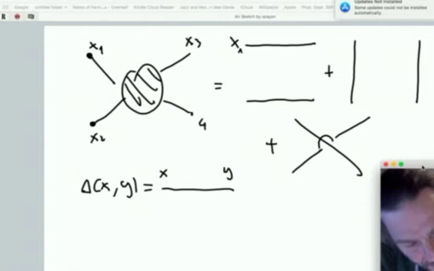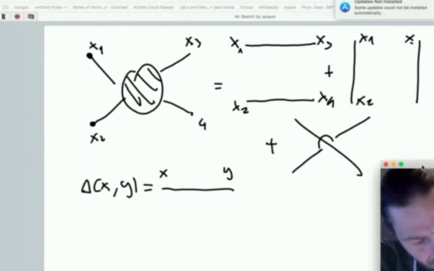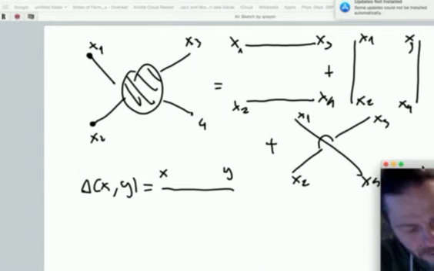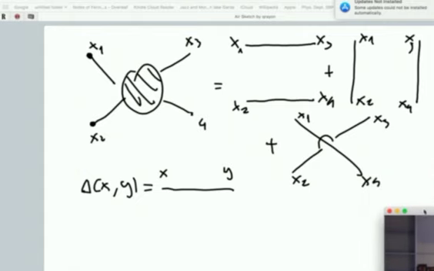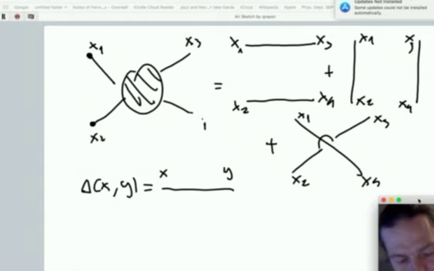Now, each of these three terms corresponds to a different way of forming pairs out of the even number of points in the correlation function and replacing each pair with a corresponding 2-point Green's function.